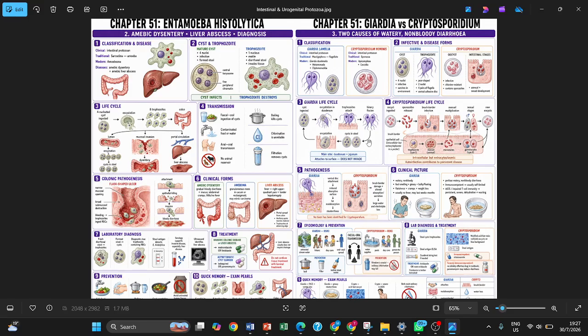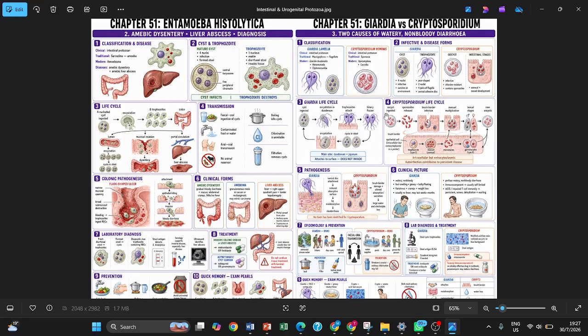As for the life cycle of Cryptosporidium, it's not that well categorized or presented in a way that makes it easy to understand, but just know that the ingested oocyst gives rise to trophozoites. Sorry, the oocyst gives rise to sporozoites, and from the sporozoites you've got your tissue schizonts and merozoites.